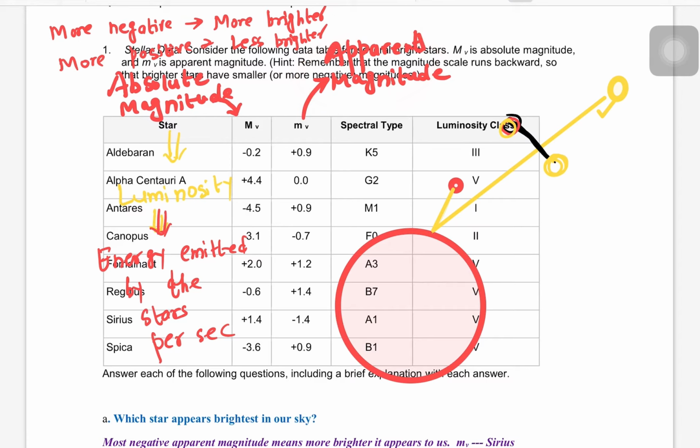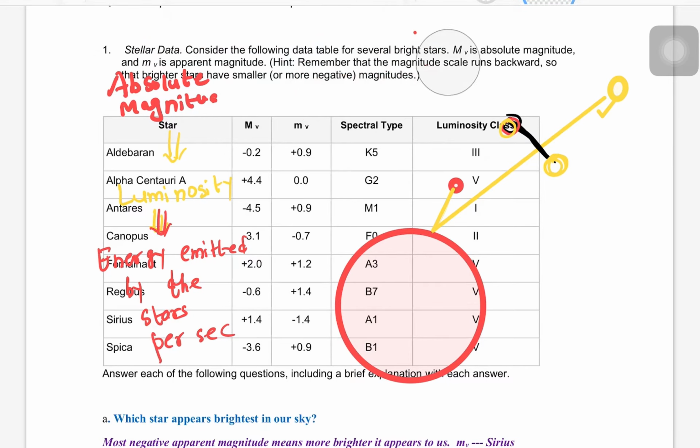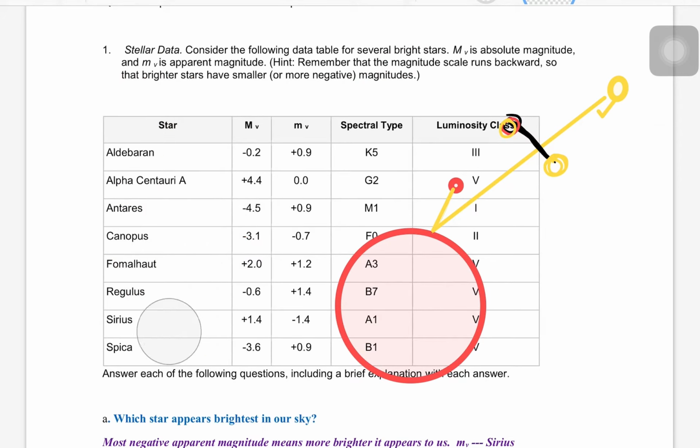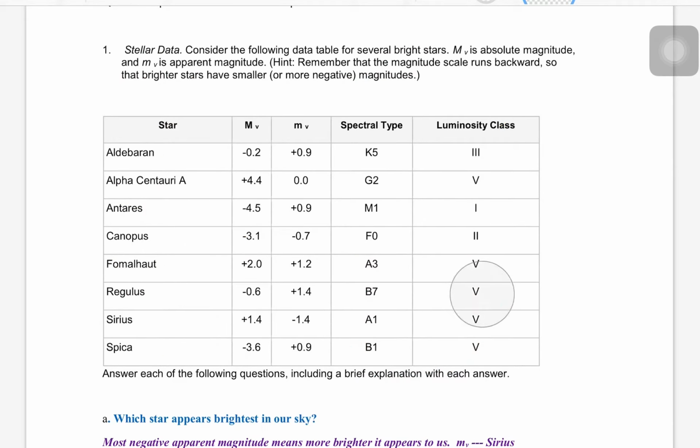Okay, now let's talk about the spectral type. What does the spectral type tell you? The spectral type gives you the information about the temperature of the star.